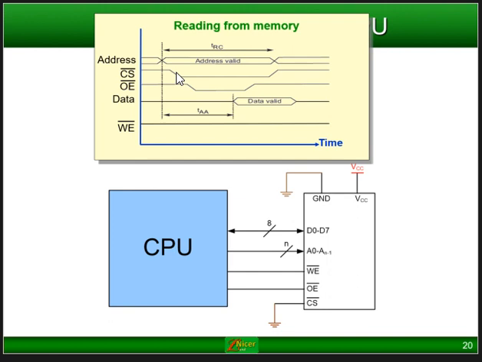Enable this device by pulling the chip select or chip enable low. The output enable, which is the read, you must pull that also low, and then your data will be read by the CPU. As I've said before, the write enable must stay high, otherwise you're going to have serious problems. So this is high, so the write enable is actually disabled.